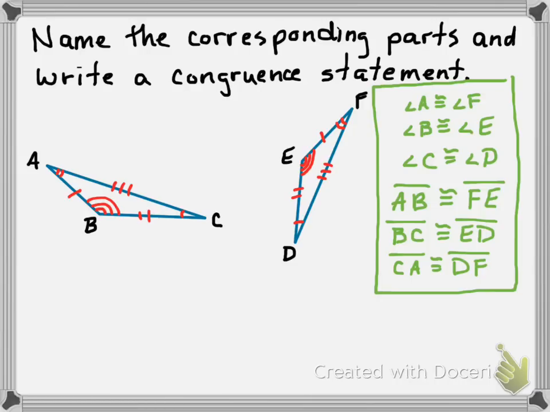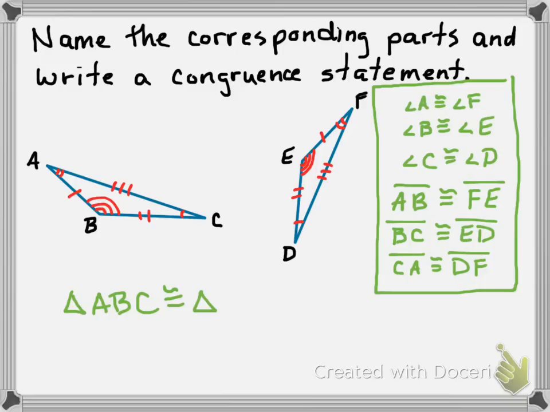All right, now for the congruent statement. Okay, first I start out just by naming the first triangle. Triangle ABC. Okay, the first name doesn't really matter because you can name it anything you want. But the second name has to match the first name. Okay, so I named this triangle ABC. That means I have to make the second one match. So triangle ABC is congruent to, well, which angle matches A?